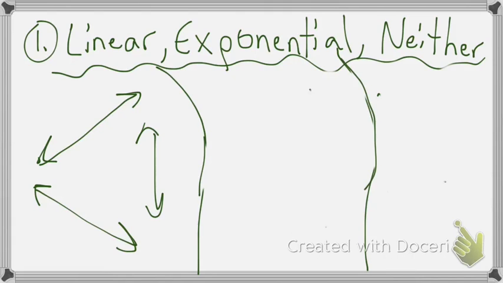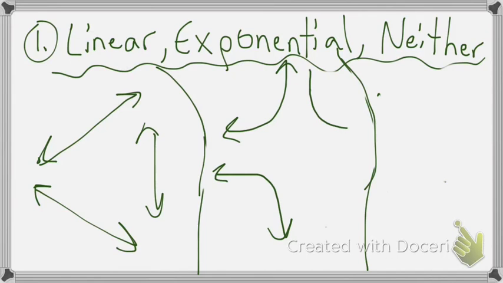Exponential graphs are the ones that are bad. They're flat on one side, and then they go up on the other side. They could be flat on one side and go down on the other side. It could be like that. It could be like that. But anything that looks like that, those are exponential.